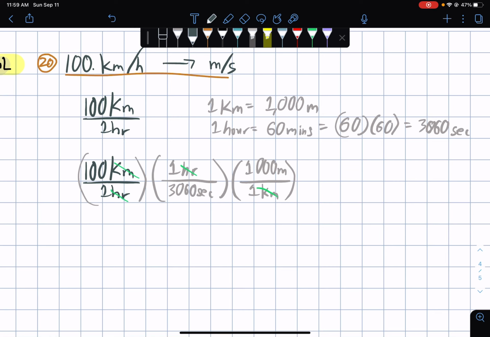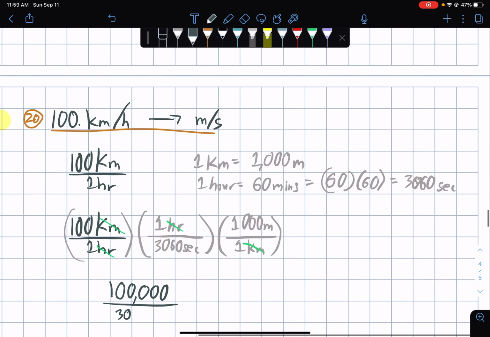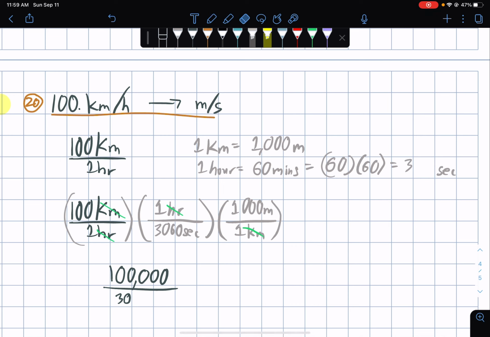100 times 1,000 would be, we just add a zero, so I think it's 100,000, and it would be over 3,000. I'm so sorry. 60 times 60 is not 3,060, it's 3,600. I've been very wrong all along.